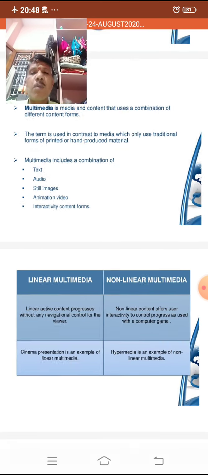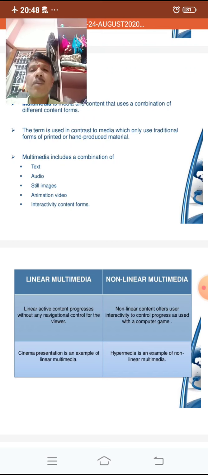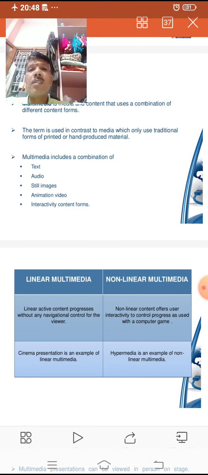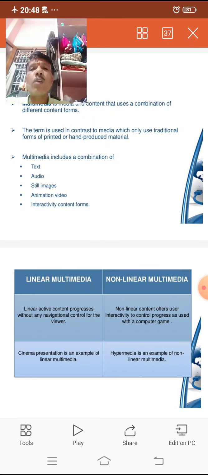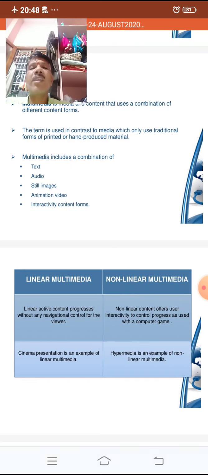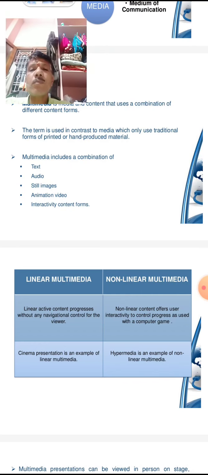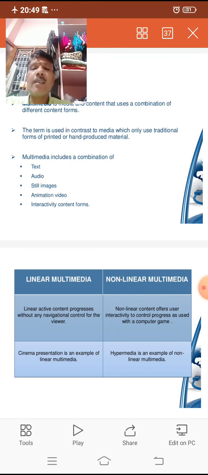These are the examples. Here user control is not applicable, not available, not permitted. Here user control is permitted. It is the example for a movie. It is the example for hypertext media or hypermedia. These are the differences between linear and non-linear media.